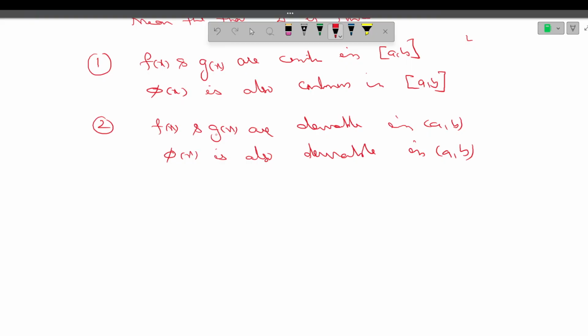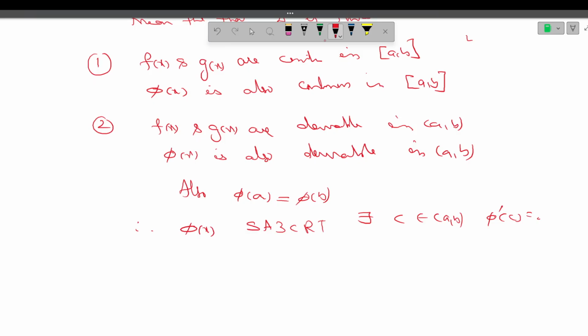Also phi of a equal to phi of b. So that means phi of x satisfies all the three conditions of Rolle's theorem. There exists c belonging to the open interval (a, b) such that phi dash c equal to 0.